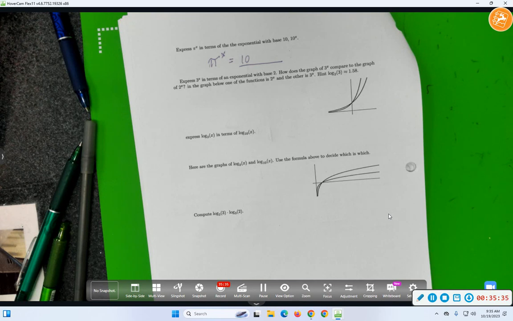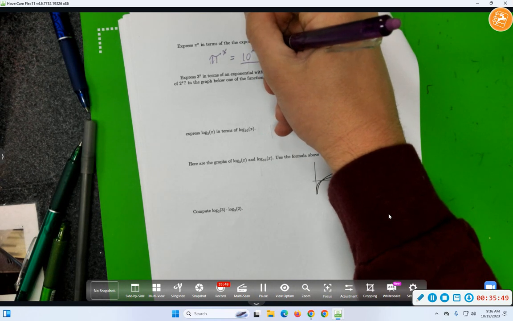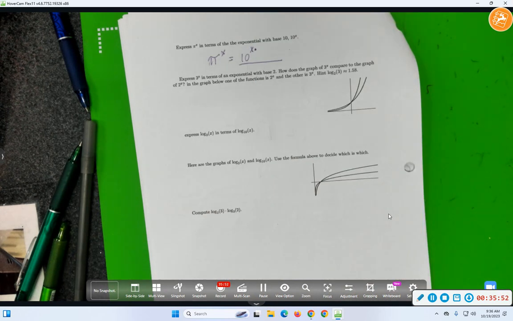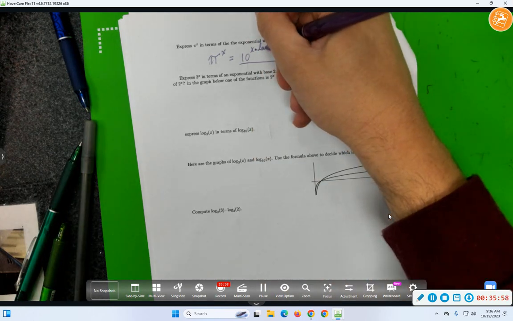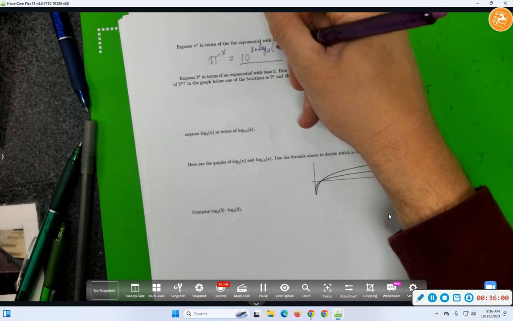What should I use as a? Pi. So, apparently then, pi to the x is the same thing as 10 to the x multiplied by log base 10 of pi.